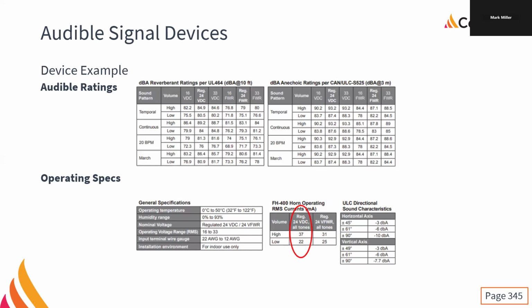Because these same horns, you can get them with different covers on them and all that. So you could be using them for industrial purposes, and so you could have slightly different voltages.